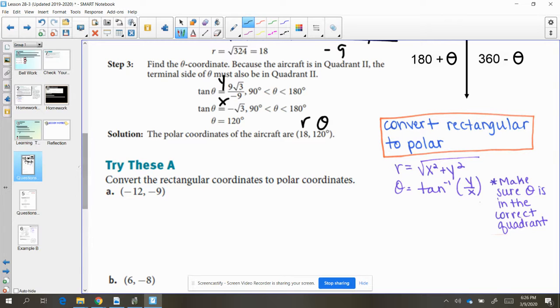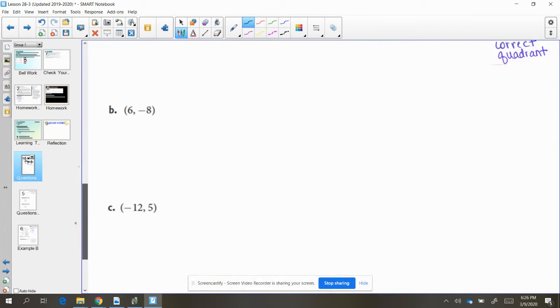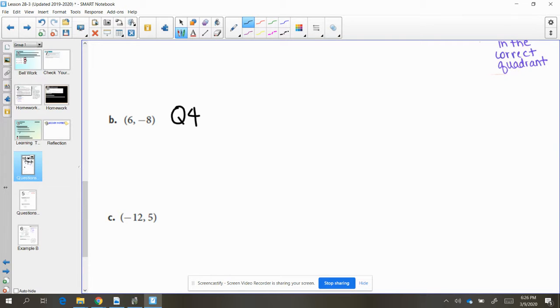Okay. Now another example, if you look at example B, 6, negative 8 is going to be in quadrant 4. So we want to double check, does our answer actually fall in quadrant 4 when we look for theta? Now r, again, is found by taking x squared plus y squared. And we type that in, 6 squared plus negative 8 squared is 100, square root of that is 10.